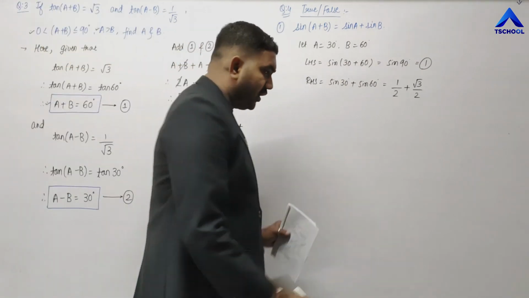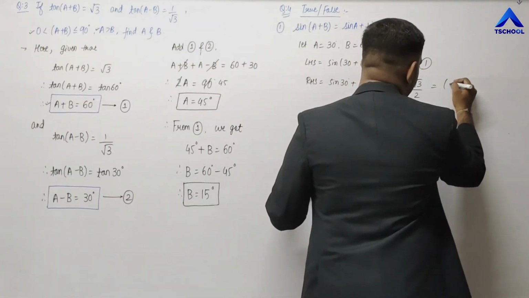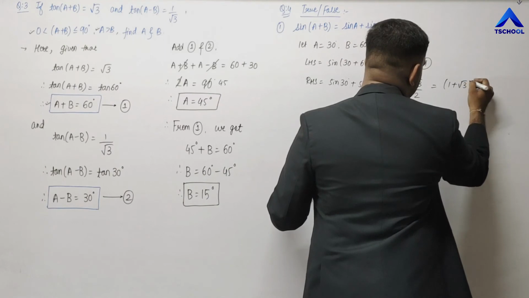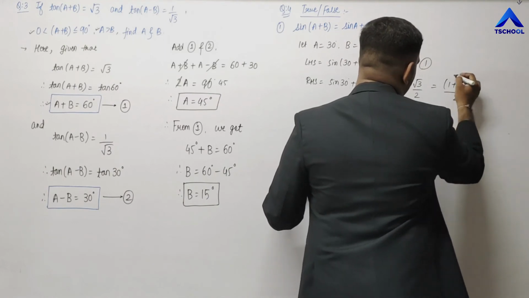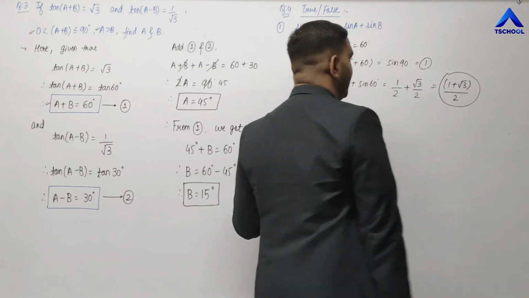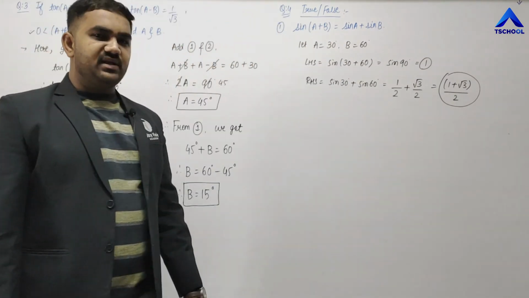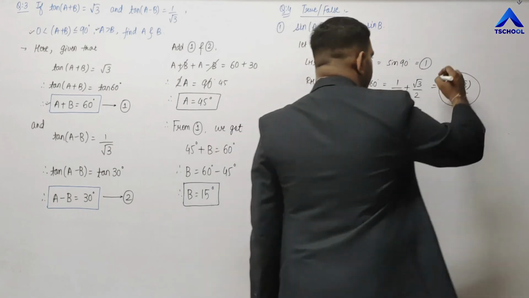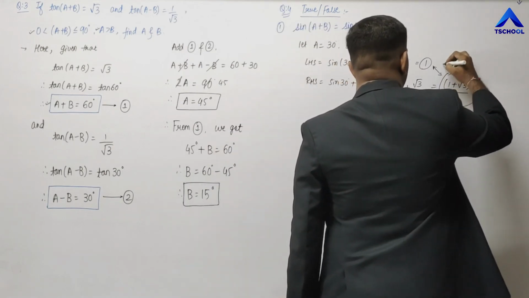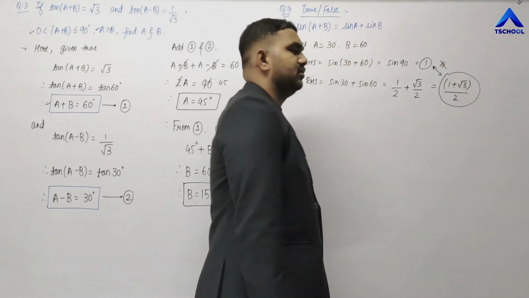Add these both, what we get? 1 plus root 3 by 2. So we got the RHS as 1 plus root 3 by 2. The LHS we got is 1. Are those both equal? They are not equal.